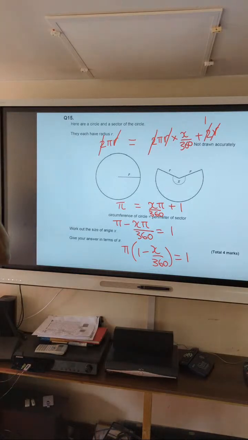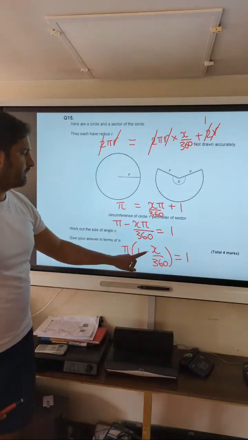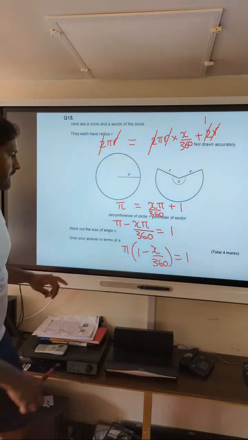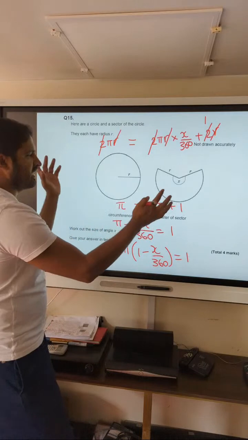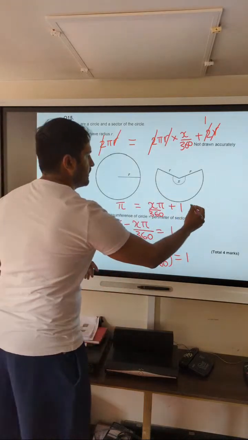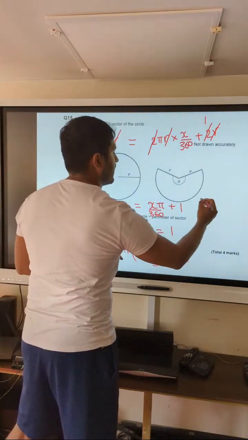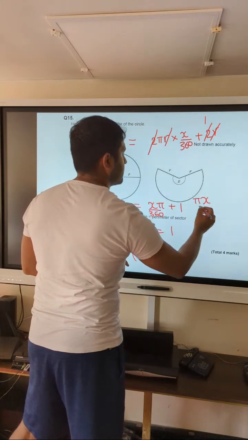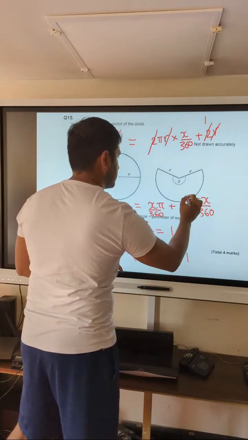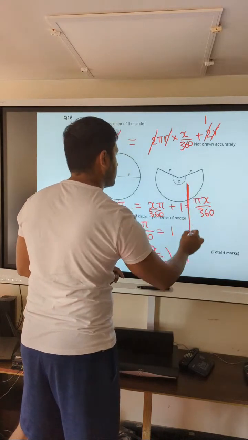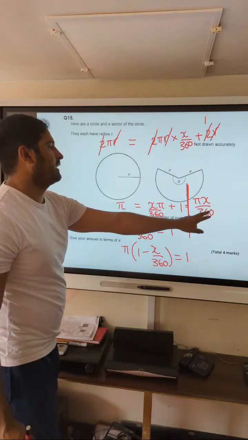Rather than doing this, what I could do actually is just do it on the side. Take that, move that one, and then deal with the pi and 360 afterward. So move that one, we get pi times x over 360.